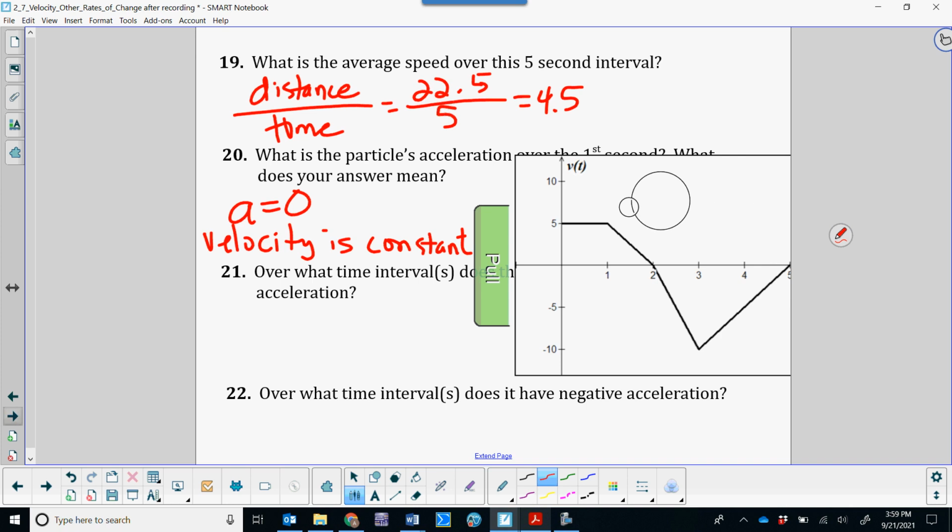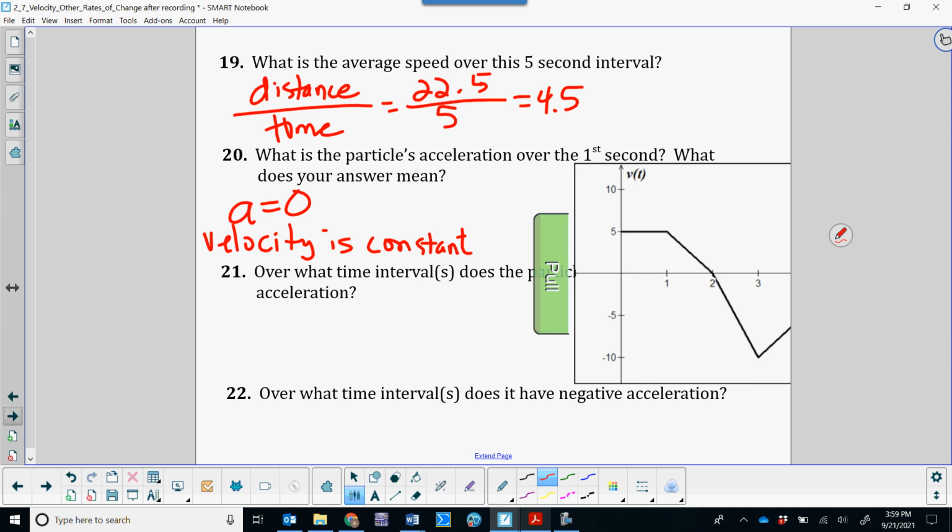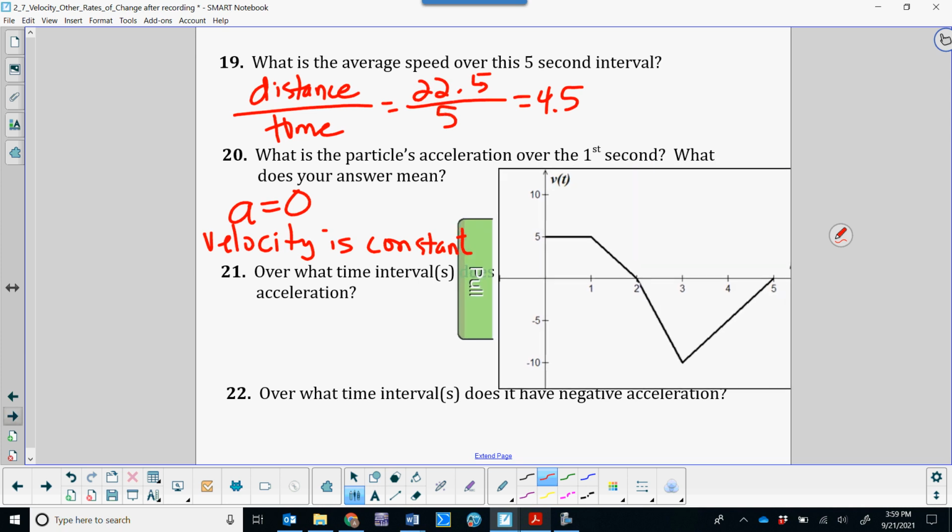21 says, over what time intervals does the particle have positive acceleration? So again, what I just erased, I'll write again, that acceleration equals the derivative of the velocity. So if I want to know when the acceleration is positive, I want to know when the derivative of this graph is positive.